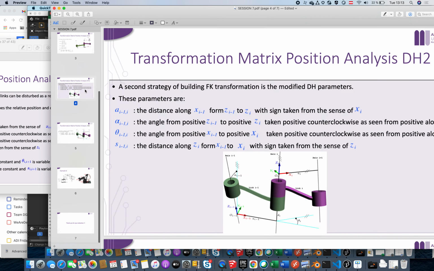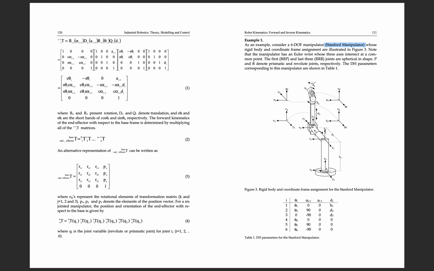So this is the rotation around z1, and it is theta, because if it rotates, it will create an angle between the positive x0 and x1 around z1. Or actually, z1 and z0 are the same because they are on the same axis.